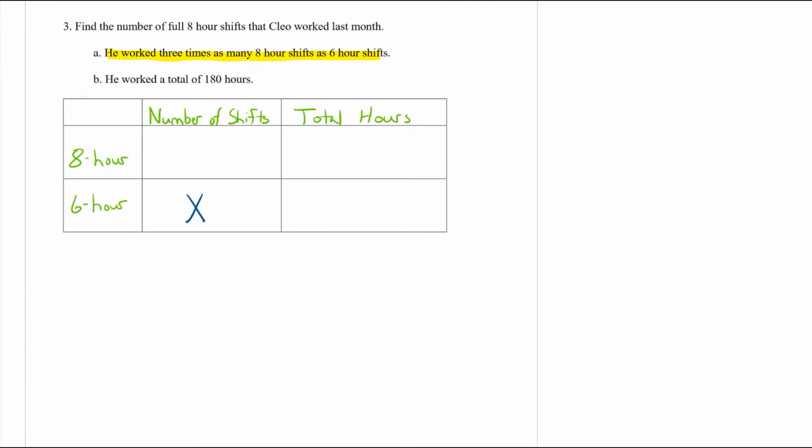So I'm going to make the 6-hour shifts the unknown, again, whatever variable you want to choose. And that allows me to then make 3 times that unknown my 8-hour shifts. Now we know that an 8-hour shift is 8 times the number, and we could simplify that right away to 24x or not. And the 6-hour shift is going to be 6 times the number of shifts they work.